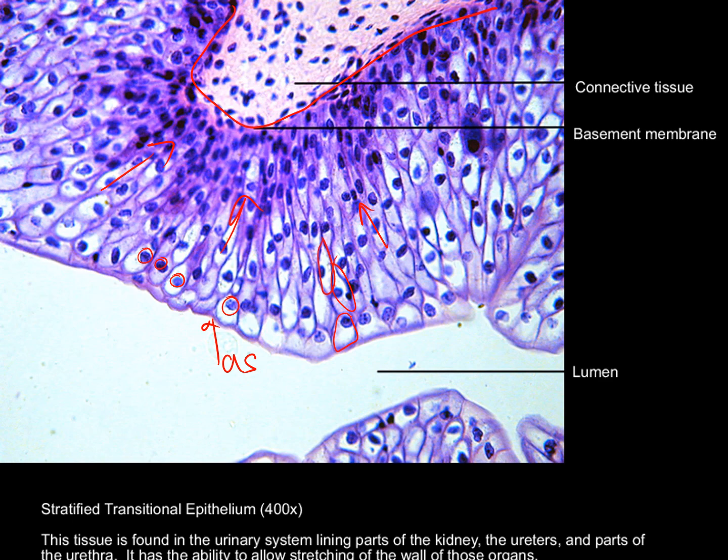It's also found in the urinary bladder because, hey, it has to stretch to hold urine until you release it. It's also found in the renal pelvis of the kidneys. That again is a holding tank for urine before it travels down the ureters and into that bladder. So this is a very unusual type. It does stretch and return to its original shape. So this one is unusual. Look for those teardrop shaped cells.